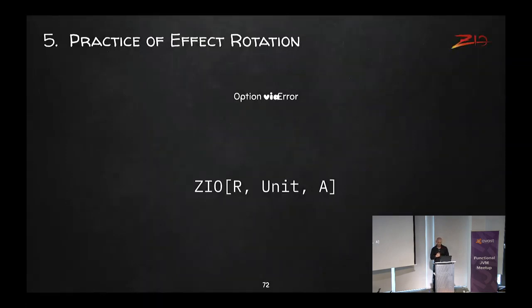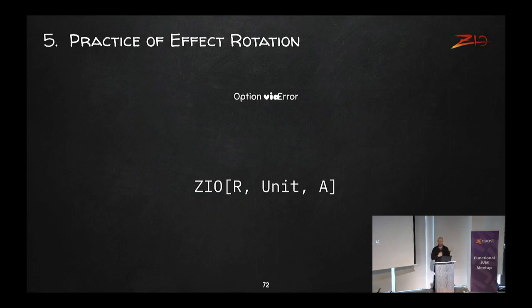All right, so how do we do the effect of optionality using ZIO? Well, Option turns out to be isomorphic to Either Unit A. Option of A is the same information content-wise as Either Unit A, because you map the None to Left of Unit, or you can map the Left of Unit to None. Remember, Either succeeds with the Right of an A or fails with a Left of an E. So if your E type is Unit, then you can go both ways.